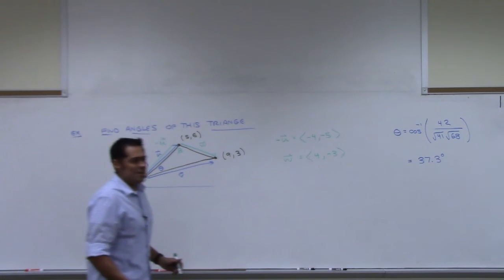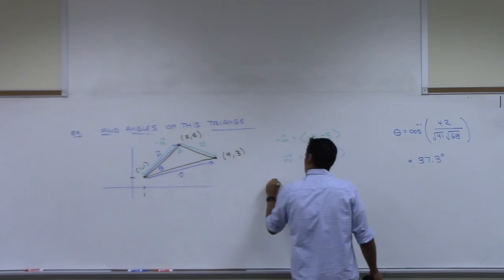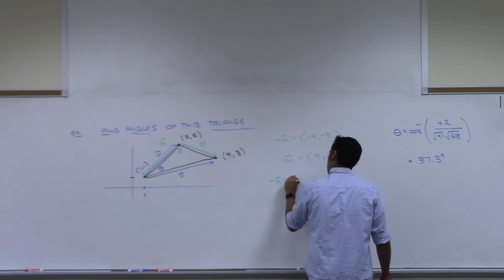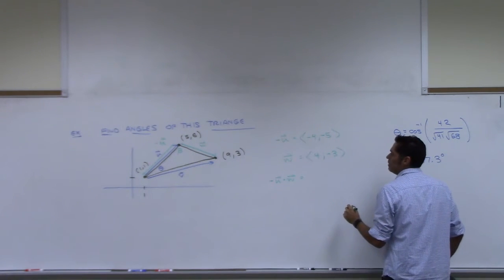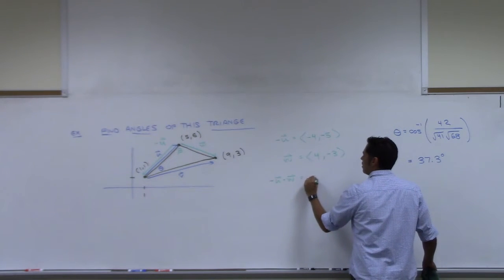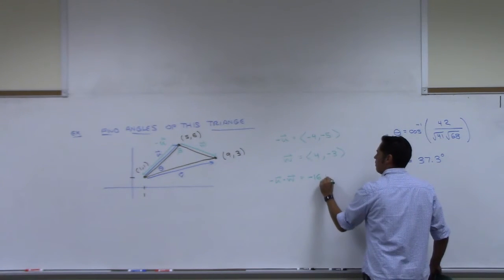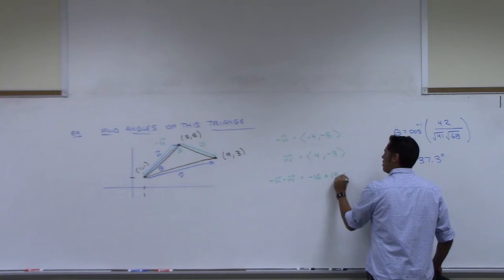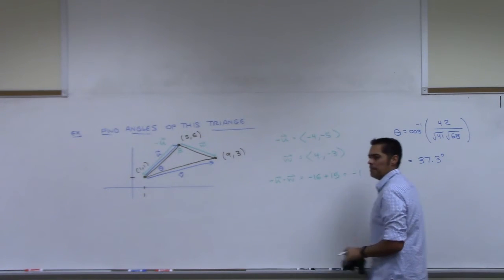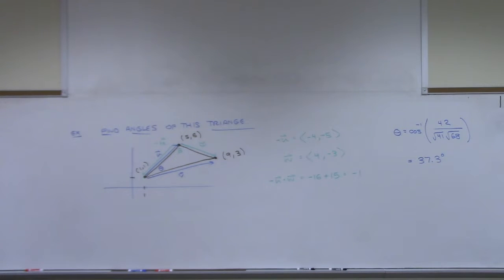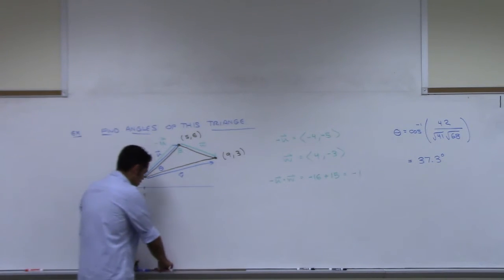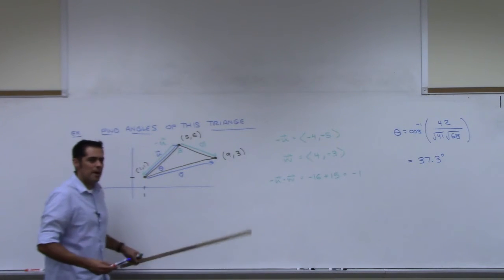Okay, let's dot these two together because we're going to need it. What's negative u dotted with w? I'm getting -16, right? Plus 15, which is -1. This is the first time we've had a negative dot product. And just so you know, think about it this way.